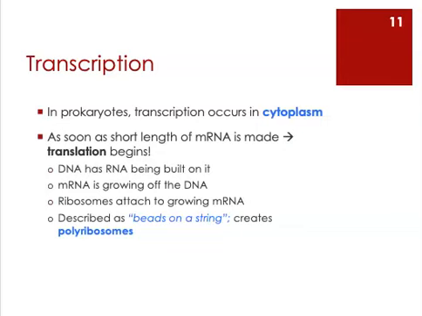And under the electron microscope, you can see this. We refer to these as beads on a string. Each ribosome looks like an individual bead jumping onto this string of messenger RNA, creating what we technically call a polyribosome.